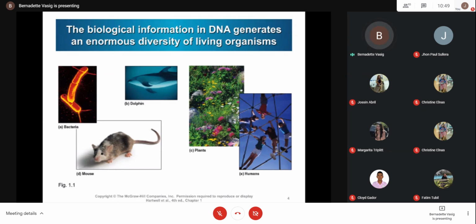Now DNA is very important, as the diversity of DNA generates a lot of living organisms, species of living organisms that we can see today. So here we can see bacteria, and then we also have dolphin, plants, mouse, and humans.